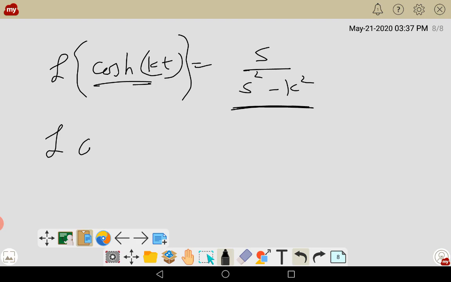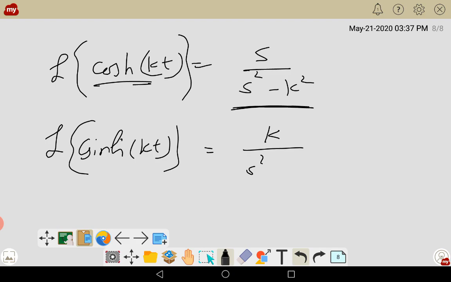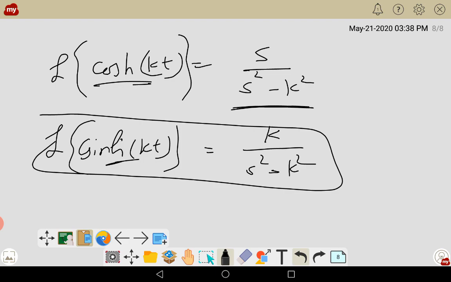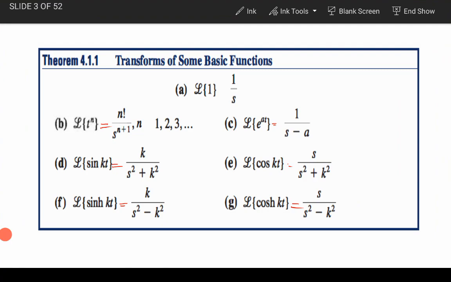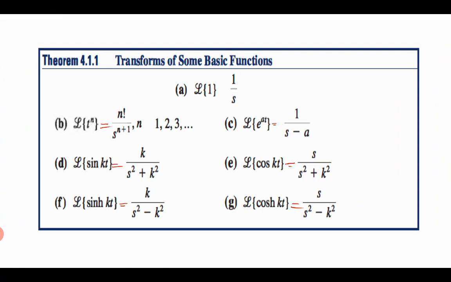In a similar way, what is the Laplace of sine hyperbolic kt? You remember the Laplace of sine kt is k over s square plus k square, but for the hyperbolic it is k over s square minus k square. These are the results given in this PowerPoint: Laplace of sine kt, sine hyperbolic kt, and so on. All these results have been listed.